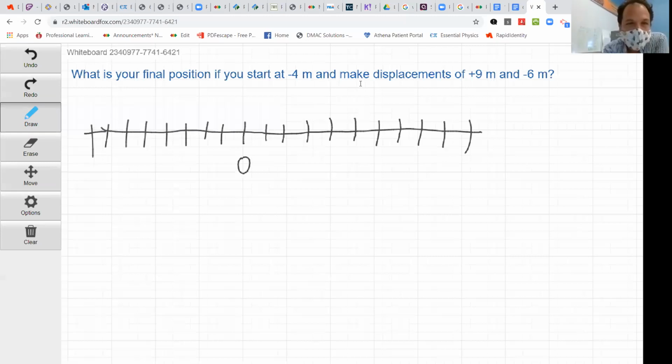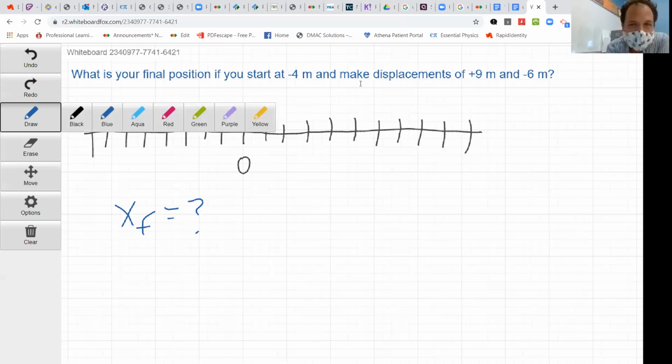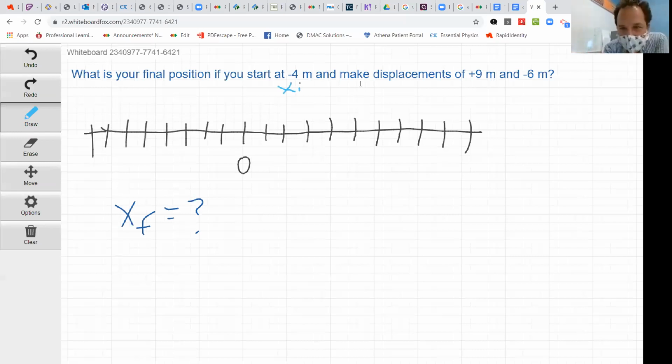All right, so next, I would label what these things are. What is your final position? We don't know what the final position is, right? We want to know what it is. If you start at -4, so this is going to be xi, and make displacements of 9 meters, d1 and d2.